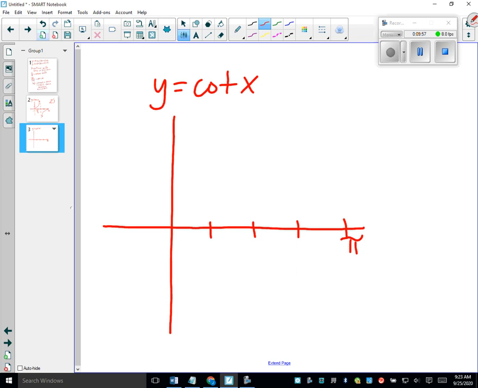Do you have it on your calculator? Well, it is the same thing, except, aren't the asymptotes different? Where's an asymptote? Do you see an asymptote on your graph?